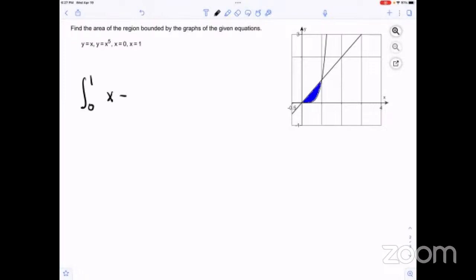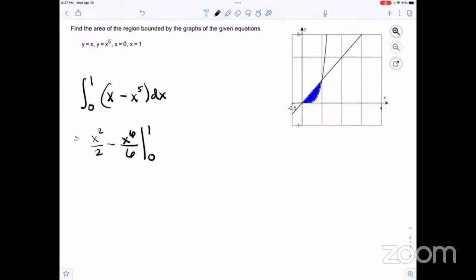All right. Okay. I think those are all the components there. So if we go ahead and integrate, that becomes what? x squared over 2 minus x to the 6 over 6 as x goes from 0 to 1. When we plug in 1, we get 1/2 minus 1 over 6.